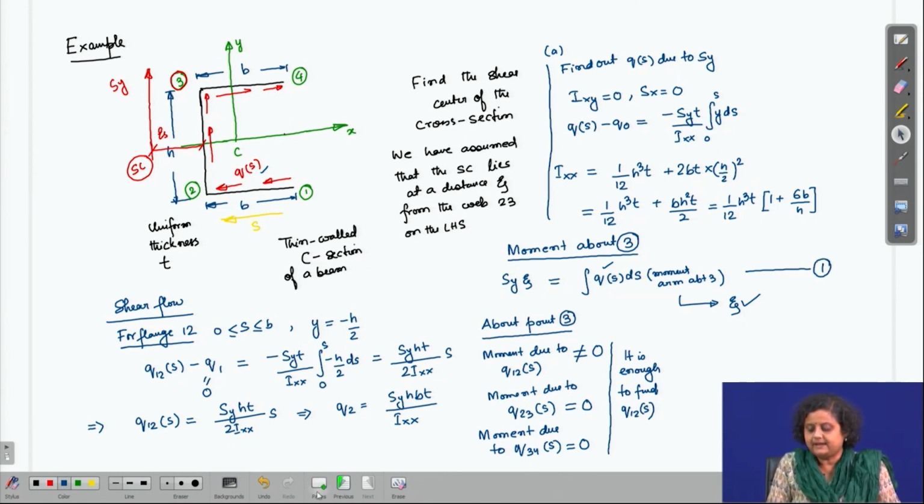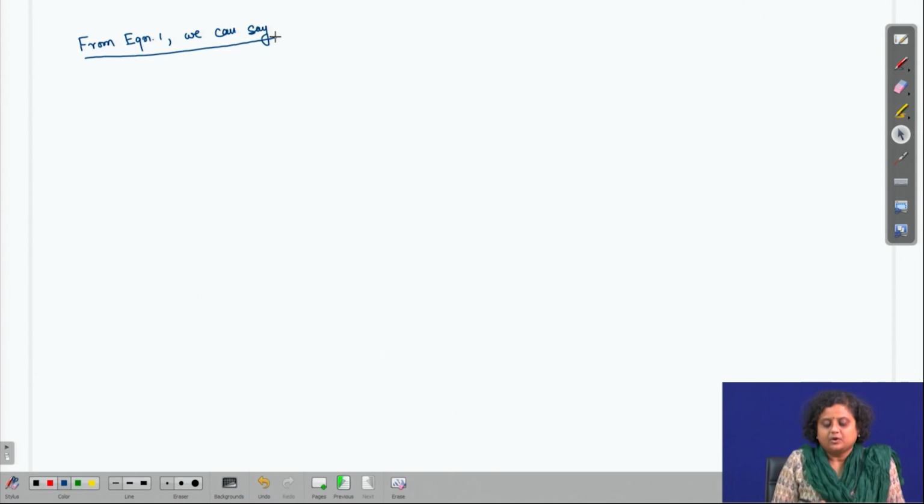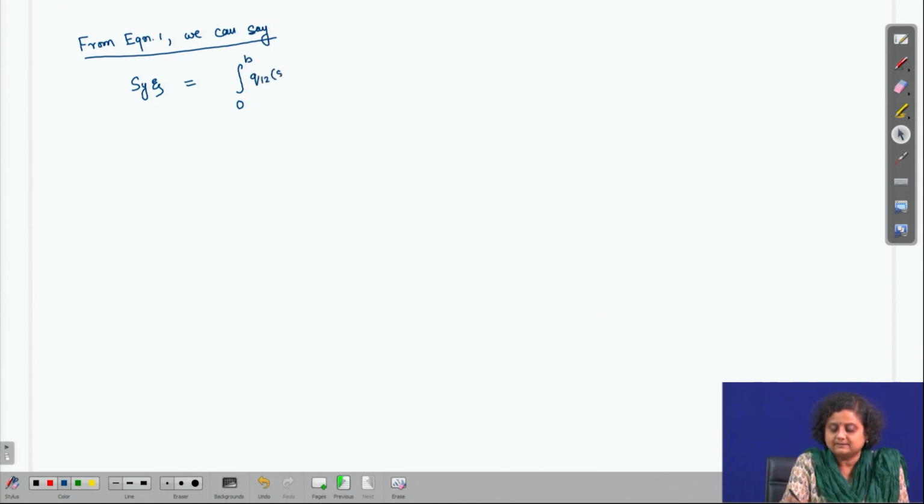Therefore, from equation 1 we can say that Sy into zeta is going to be the integral from 0 to b of q1 to s ds times the moment arm, which is just h.